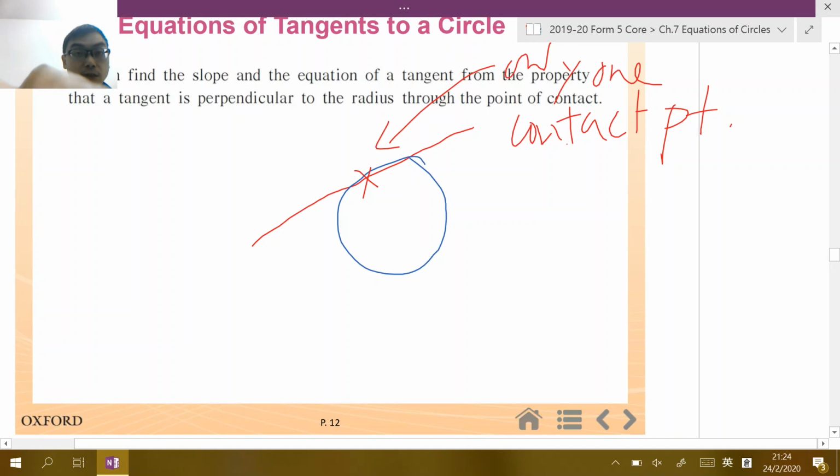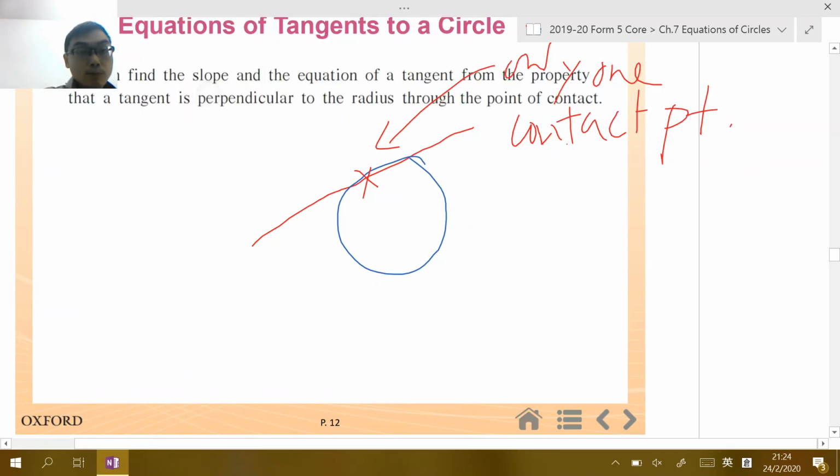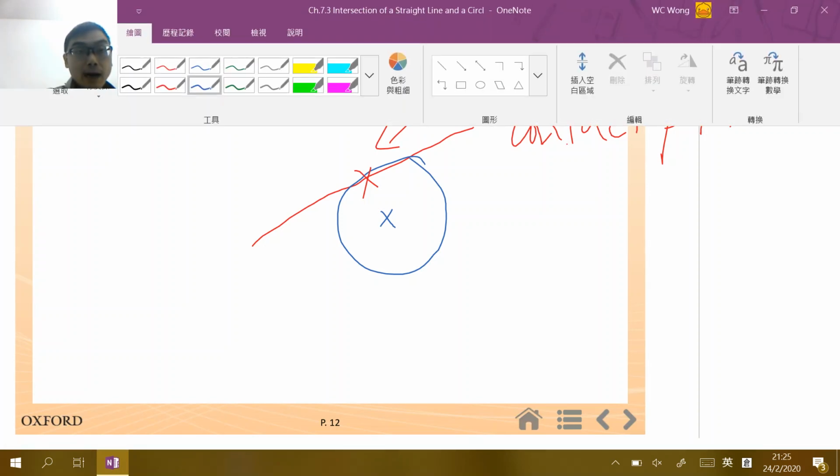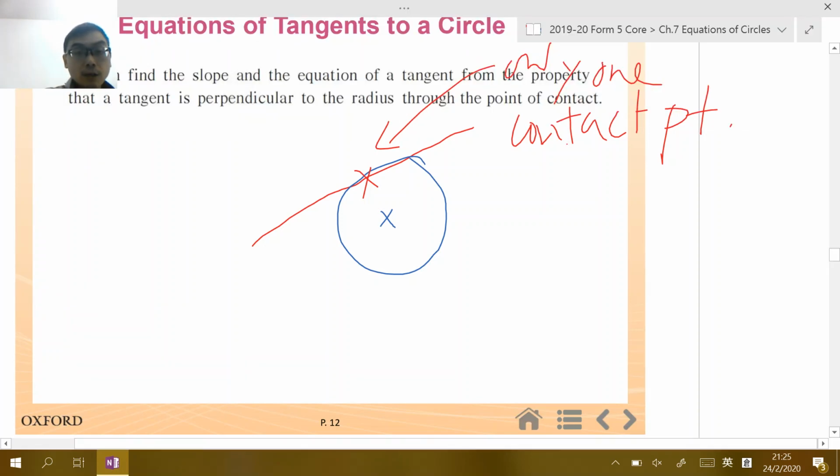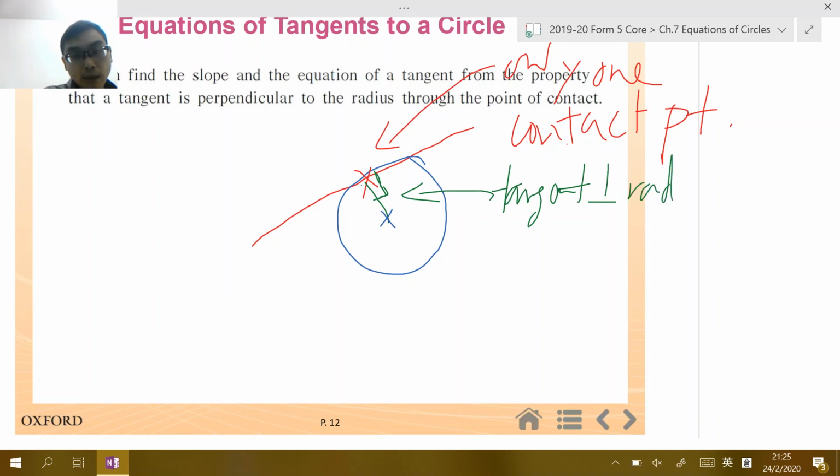And besides this, if you still remember, there is also one important geometric property about a tangent to a circle. If I mark the center of the circle and join these 2 points together, this line should form a right angle with the tangent. This is a very common property you learned in Form 4. It is called tangent perpendicular to the radius.